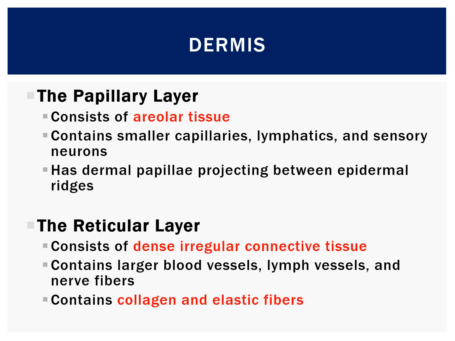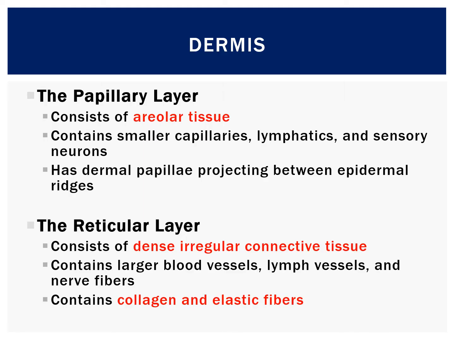For the papillary layer, it consists of areolar tissue. Refresh your memory on the connective tissues. In the papillary layer of the dermis, everything is smaller, such as small capillaries, lymphatics, and sensory neurons.